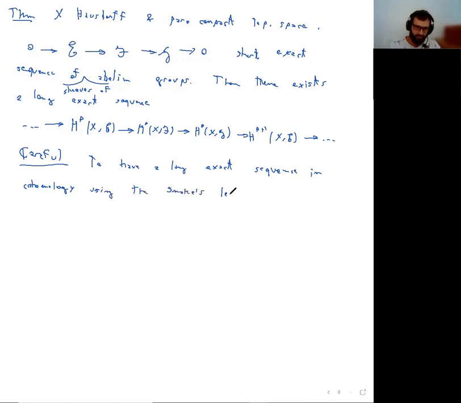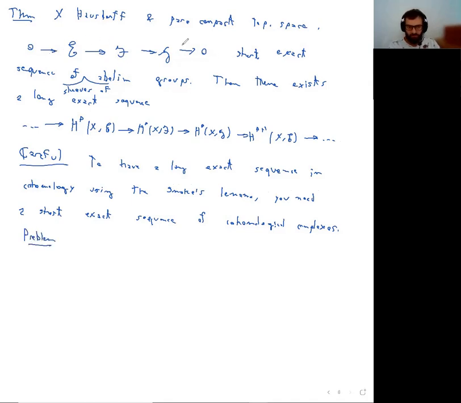Using the snake lemma, you need a short exact sequence of cohomological complexes. Right? You start with a short exact sequence of cohomological complexes, you apply the snake lemma, and you get this long exact sequence. Problem?